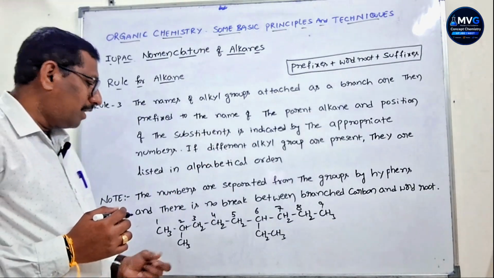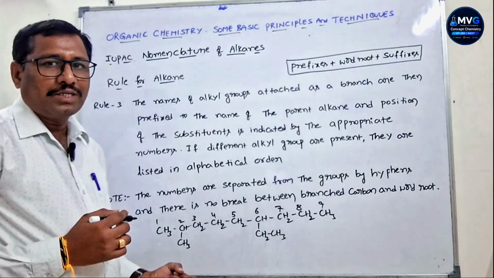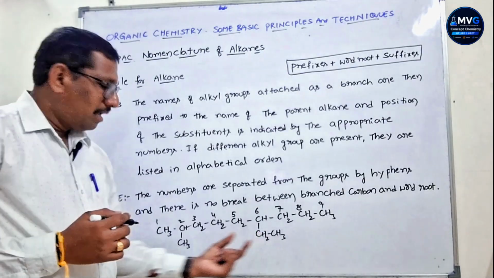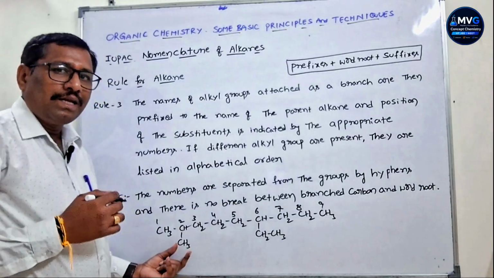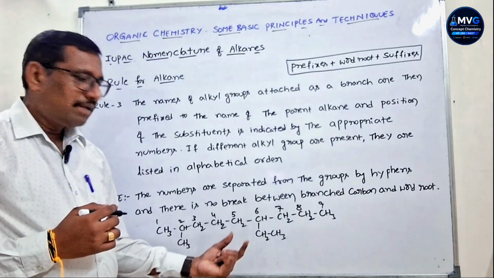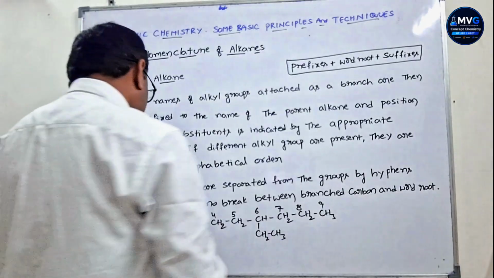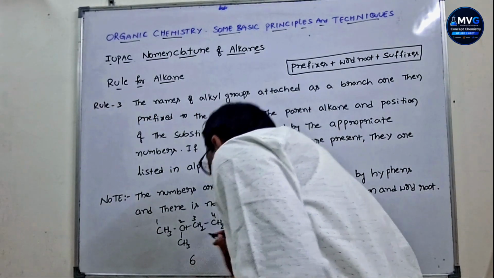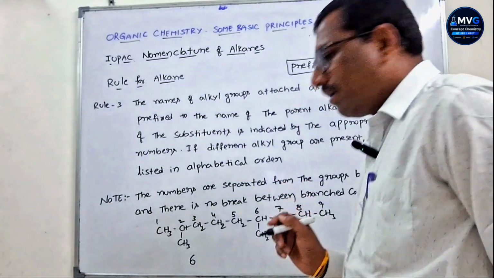Students, while you are writing the name, we should follow alphabetical order. Here ethyl, E is the starting letter. Next, methyl, the starting letter is M. So between M and E, which comes first alphabetically, students? E. So now, while you are writing the name, the position of the substituent is 6, students.